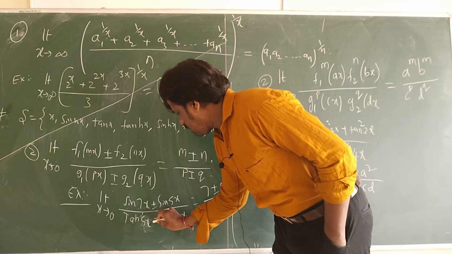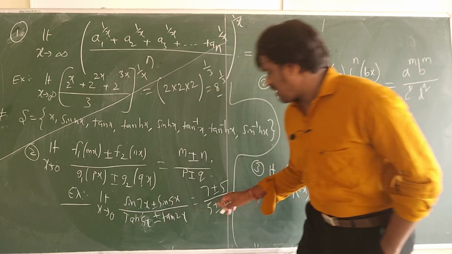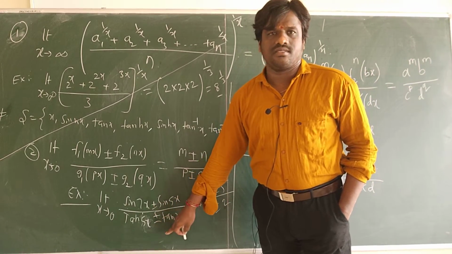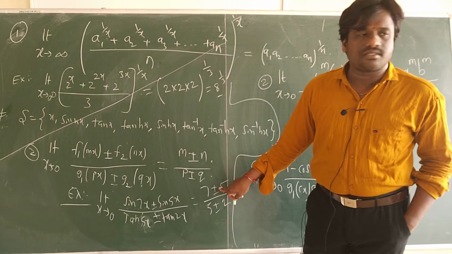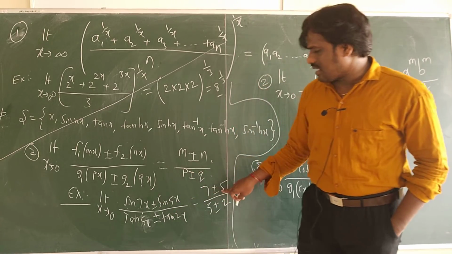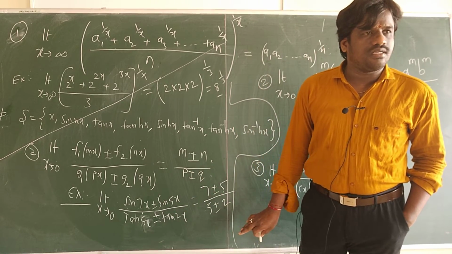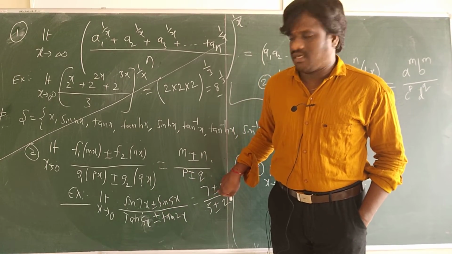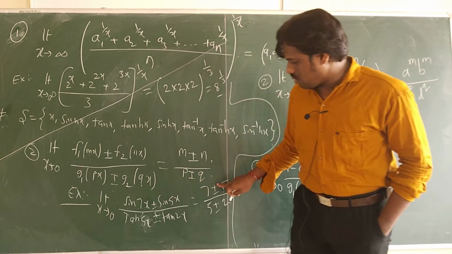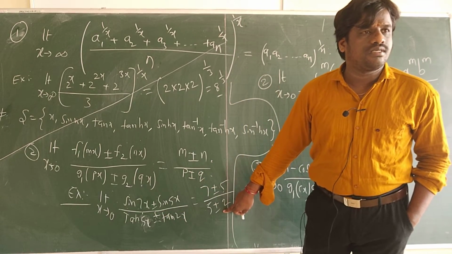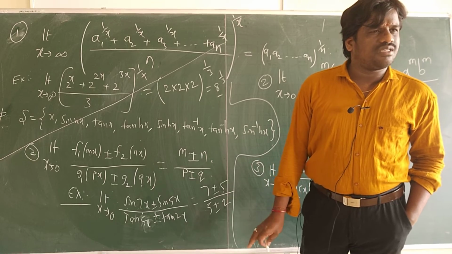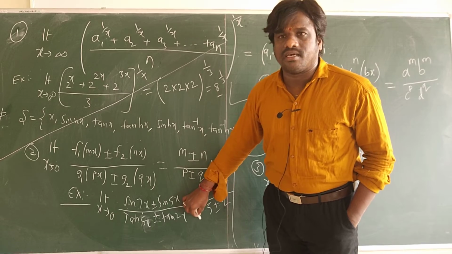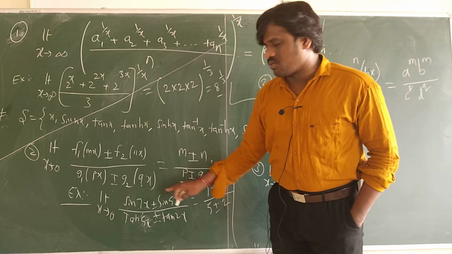In the exam they will ask only either plus or minus. Suppose you have plus, you get plus here. Suppose you have minus, you get minus here. Getting what I said? Plus means you take plus, minus means you take minus. Suppose here plus and here minus, then you get numerator plus, denominator minus, according to that. Understood? Right, so here you get 7 plus or minus 5 by 5 plus or minus 2. Like this the answer will be obtained.